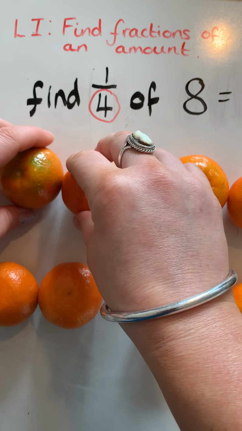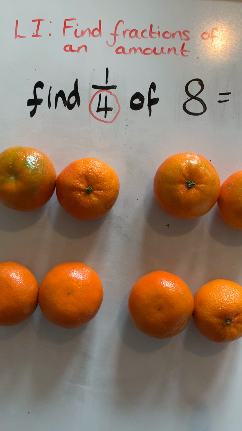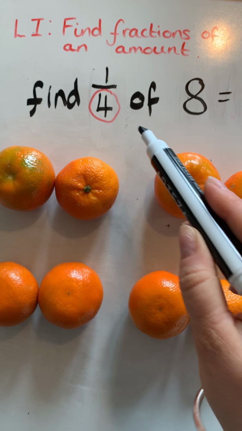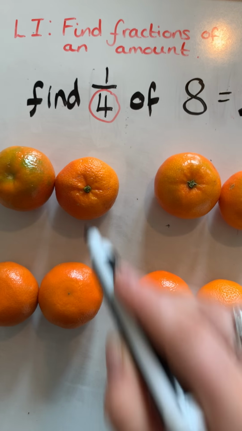We have got 4 groups. How many is in each group? As you can see, there are 2 easy peelers in each group. So our answer is 1/4 of 8 would be 2, because each quarter has 2 easy peelers in.